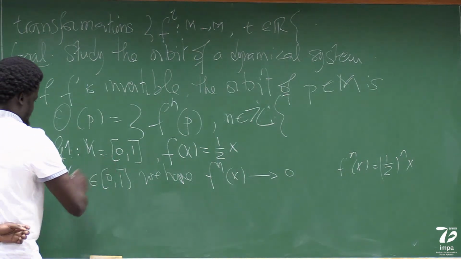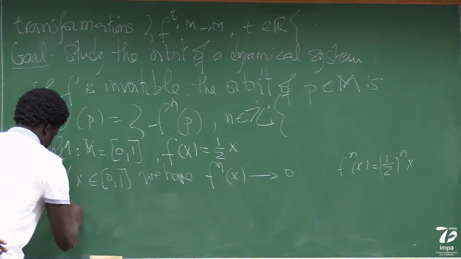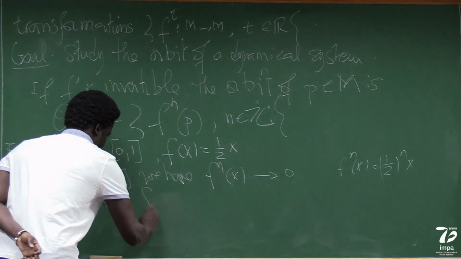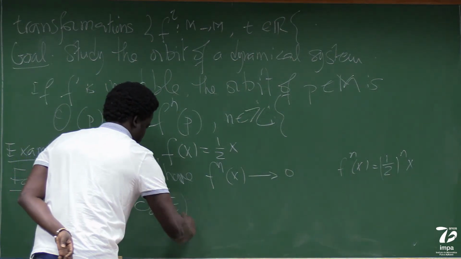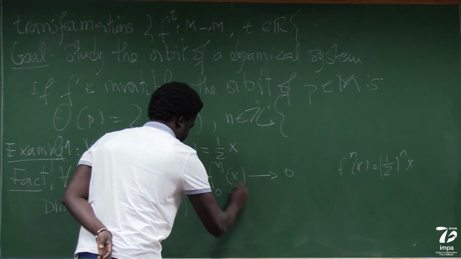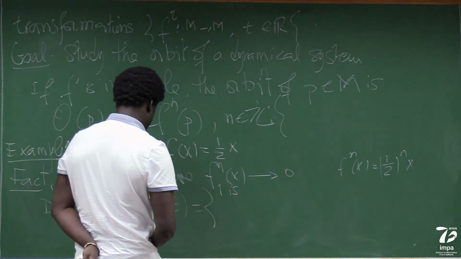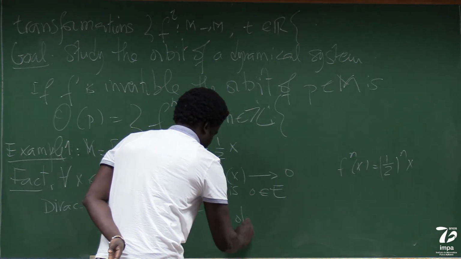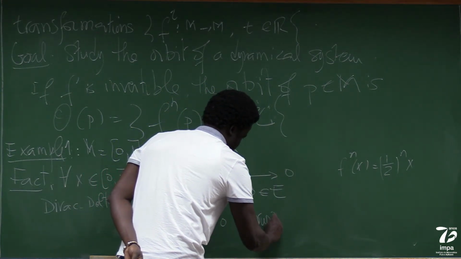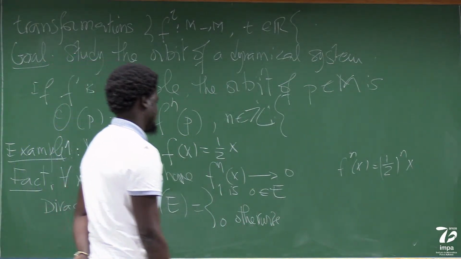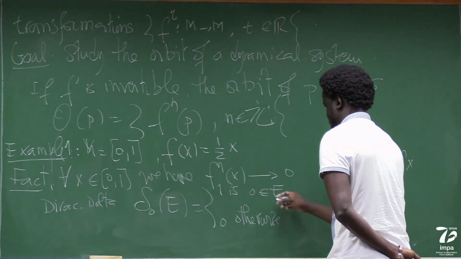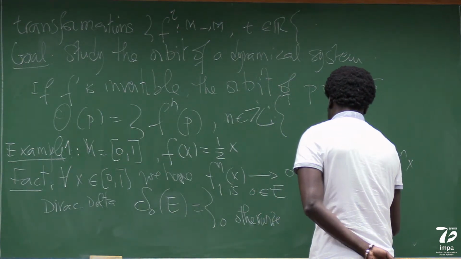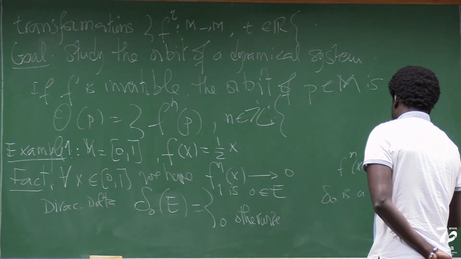You can define here the so-called Dirac delta based at 0, where delta_0(E) equals 1 if 0 is in E and 0 otherwise, for E a measurable set. This is called a measure.